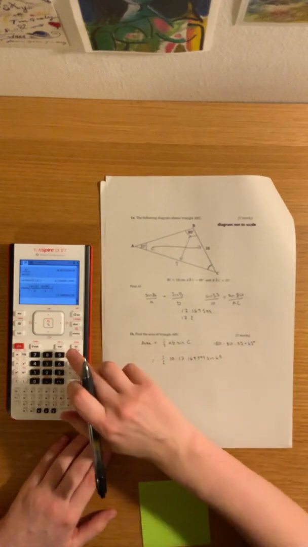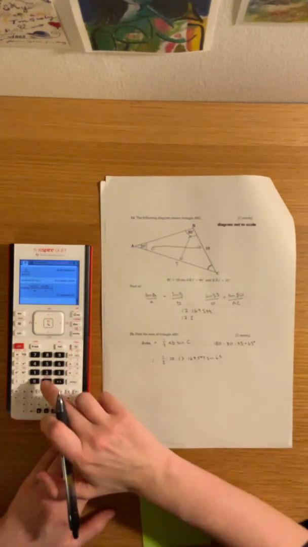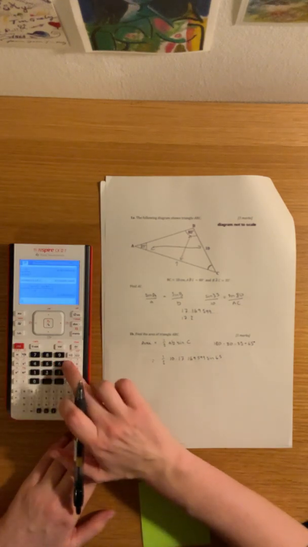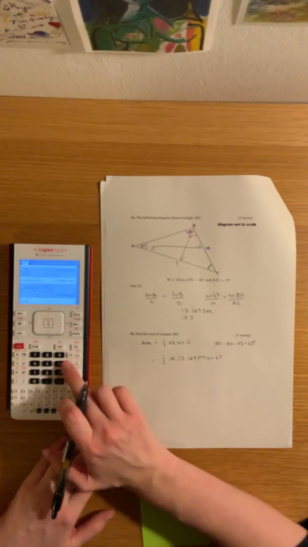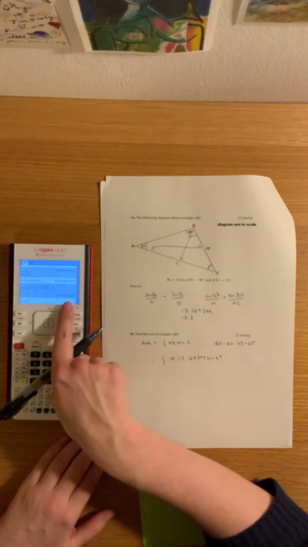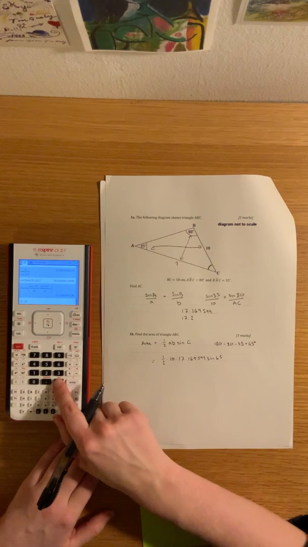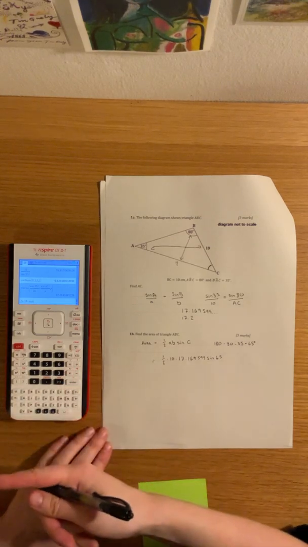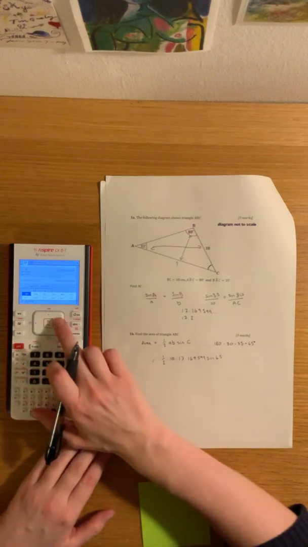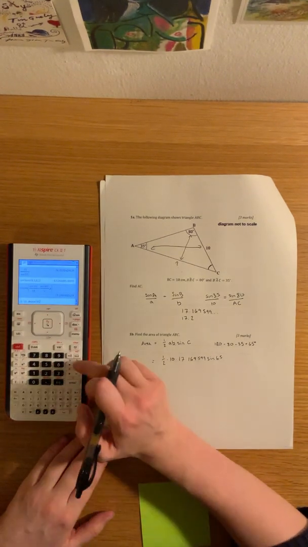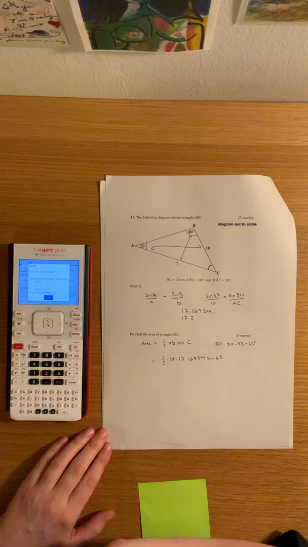So when I type that into my calculator, it's a half, it's easier for me to type in 0.5 times 10 times, and because that value is the one I've just used previously, I can press Control and then ANS, and then it will just use the full thing in there, and then sine of 65. Close the brackets, hit enter.